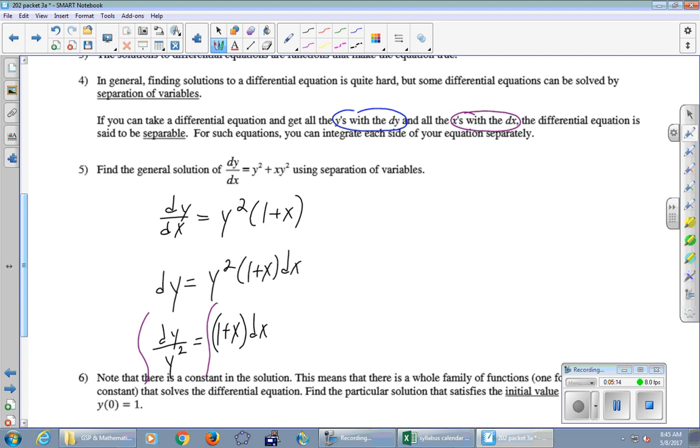Okay, so now this problem boils down to finding these antiderivatives. We'll start on the right-hand side. The antiderivative of 1 plus x is x plus x squared over 2. We're doing a general antiderivative, so we put a plus c there. How do we integrate dy over y squared? Is that ln?